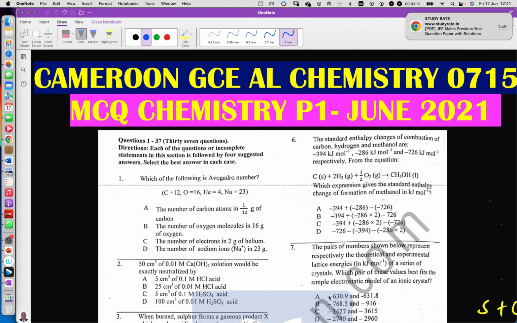The number of electrons in 2 gram of helium is also not right. The number of sodium ions in 23 gram. We said number of particles, so we talk of ions in 23 gram. 23 gram is the molar mass, that is 1 mole of sodium.